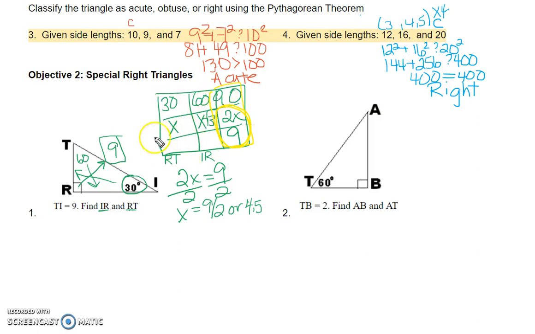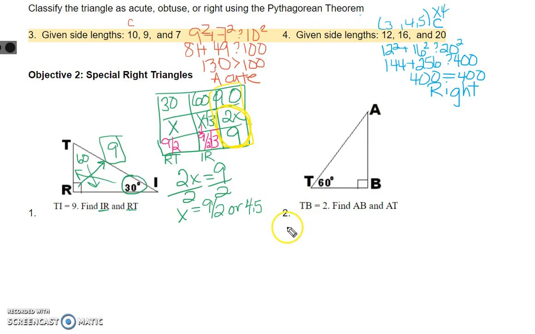So RT is 9 over 2, and IR is 9 over 2 times the square root of 3, and we have completed that problem.